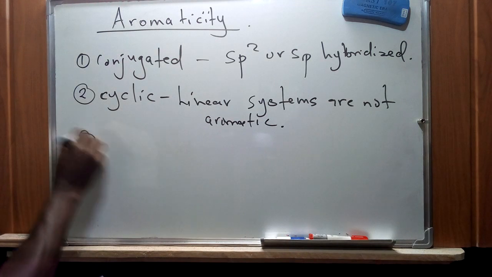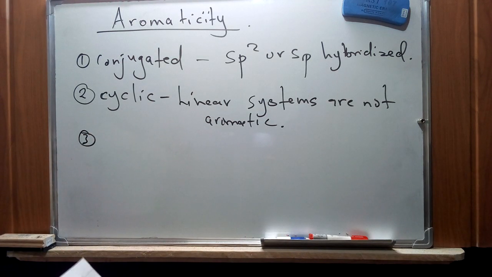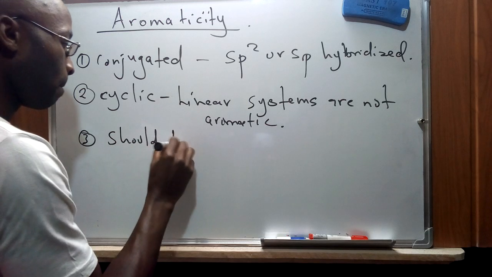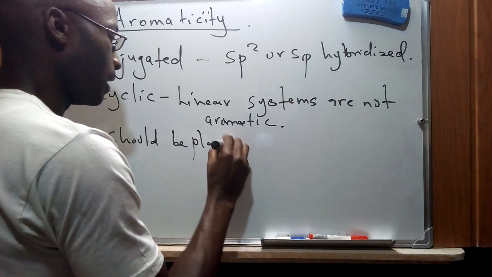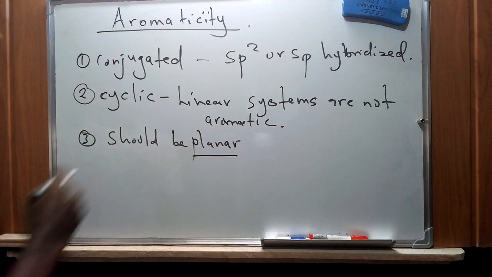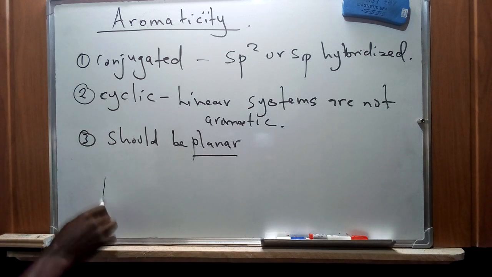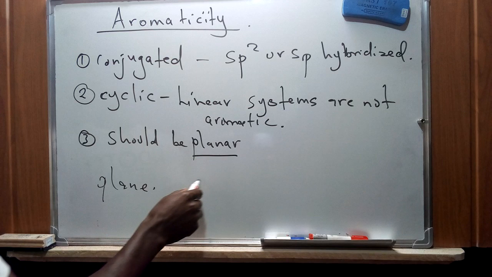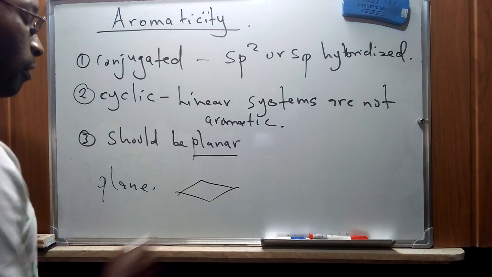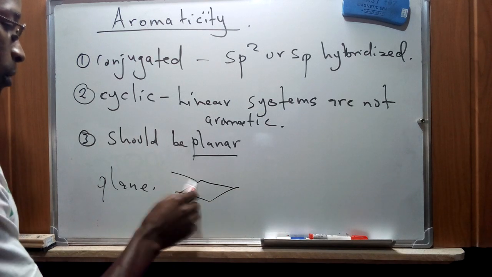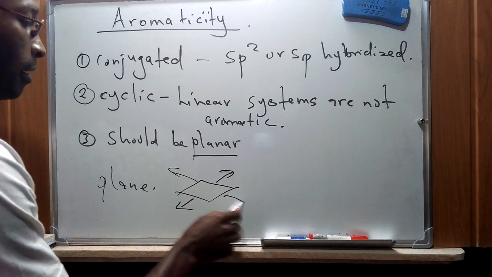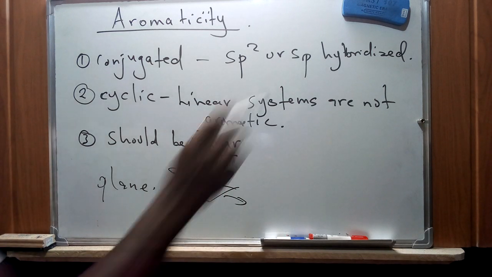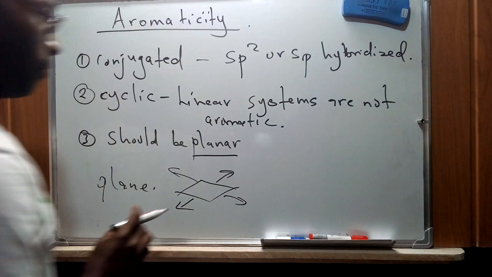And then condition number 3 is that they should be planar. This comes from the word in basic geometry, the plane, which is a two-dimensional space that runs indefinitely in four directions.